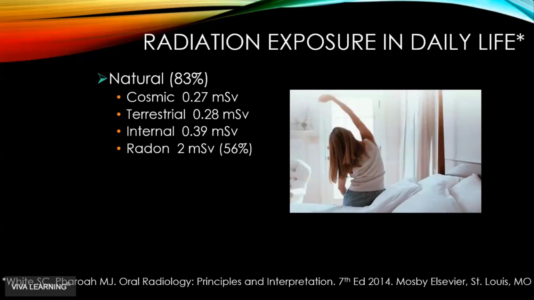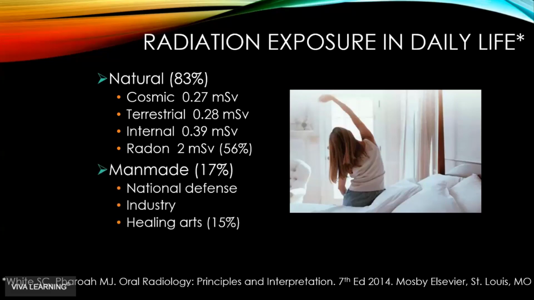By far the majority is from radon, which is a gas and can sometimes be found in basements, which is why we have radon detectors. Medical imaging makes up most of the man-made radiation, which is actually just a small portion of the whole of the background radiation dose that we have.